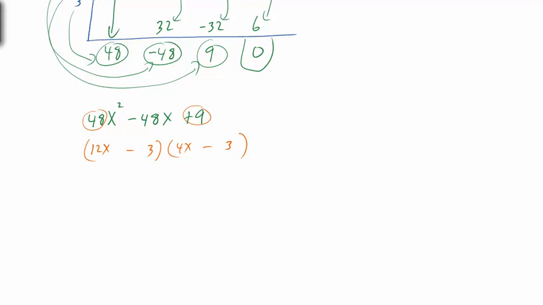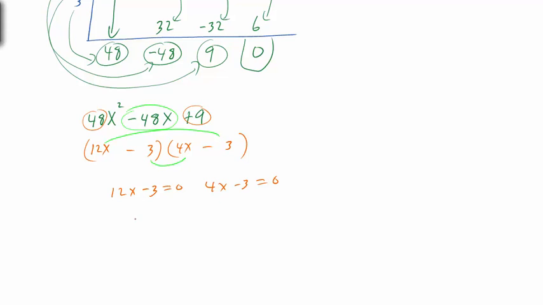And that's going to work out because if we were to multiply the 12x and negative 3, that's going to give us 36x, and then here you would get a negative 12x. So negative 36x and negative 12x gives us the negative 48x in the middle. So we could certainly then take 12x minus 3, set that equal to 0. 4x minus 3, set that equal to 0.